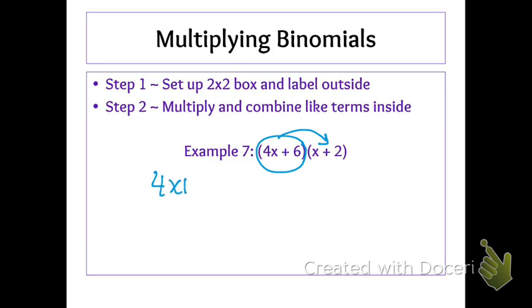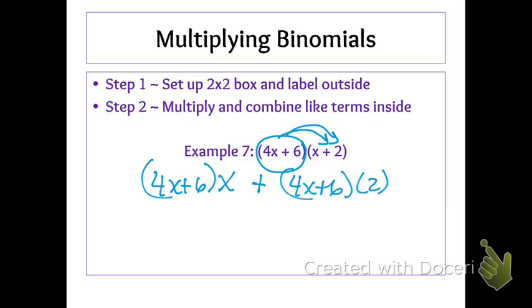So the 4x plus 6 gets distributed to the x, and then it gets distributed to the 2. And then after that, you would distribute again. You would distribute this x, and you would distribute this 2.